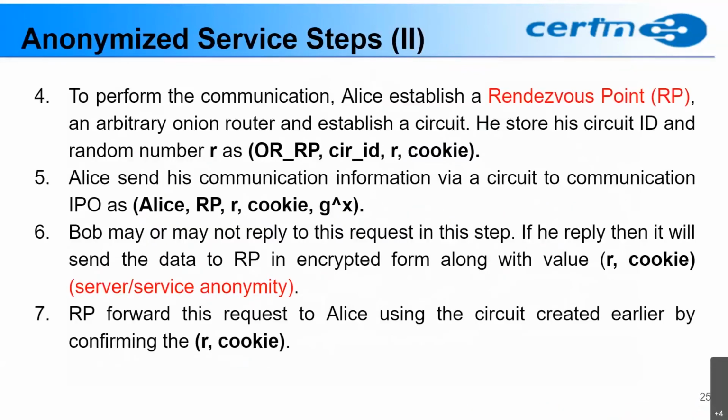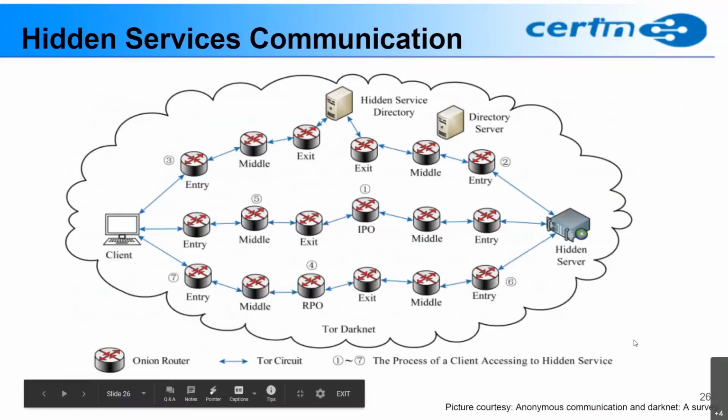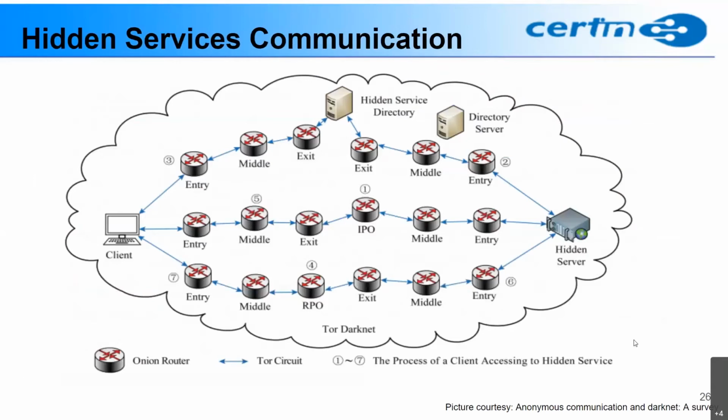Now when the hidden service provider receives this request, he can decide whether he wants to reply or not. If the hidden service provider wants to reply, then he will prepare the appropriate reply message and upload it to another circuit created by the hidden service node.